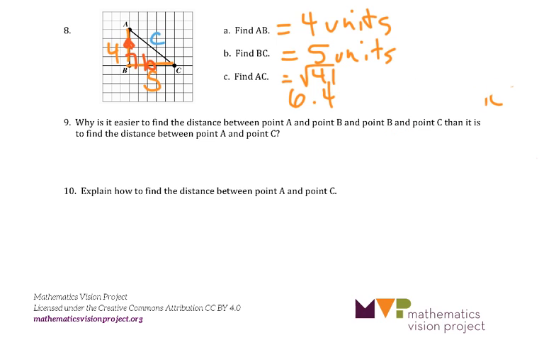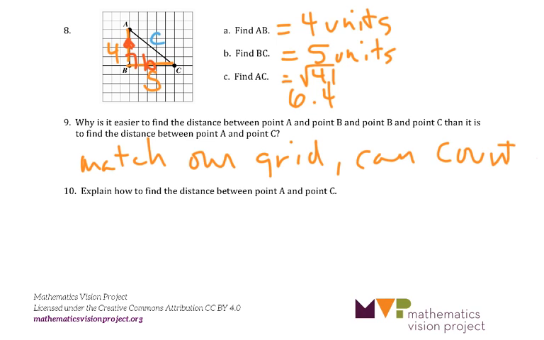Okay, number 9. Why is it easier to find the distance between point A and B and C than it is A and C? Well, because they match our grid, right? So we can just count. Whereas the AC, we can't. Okay.